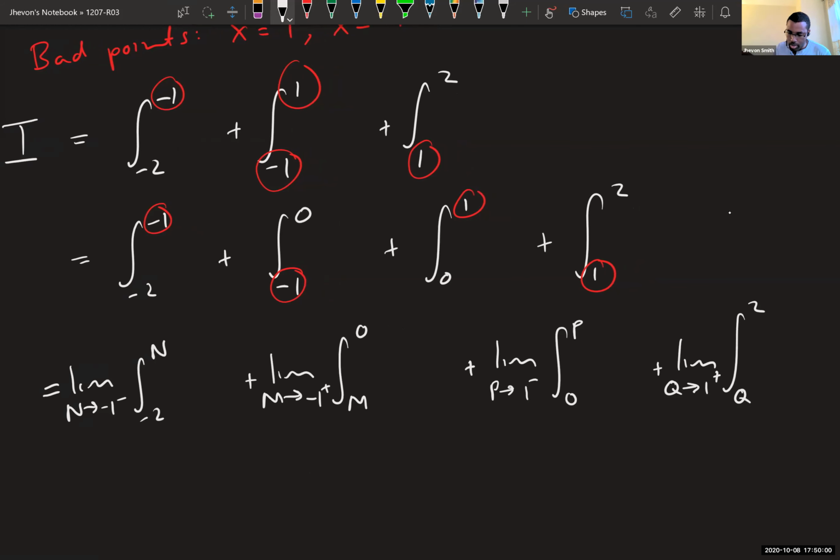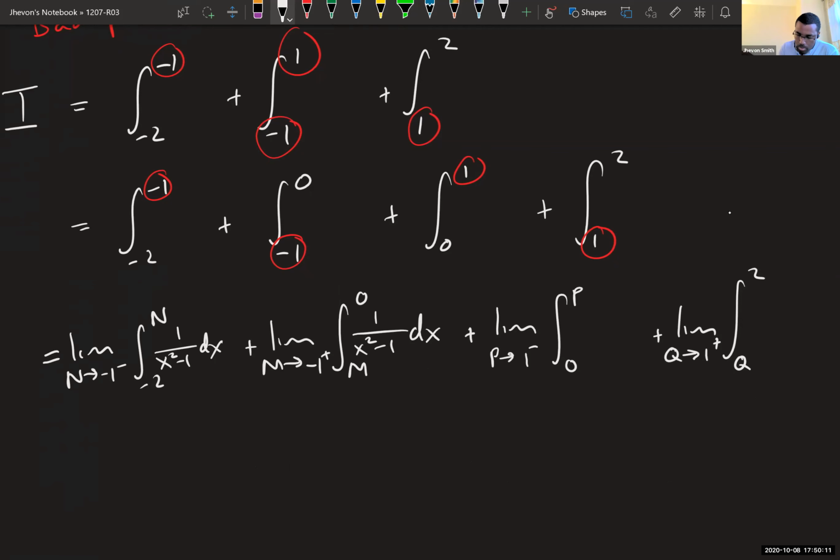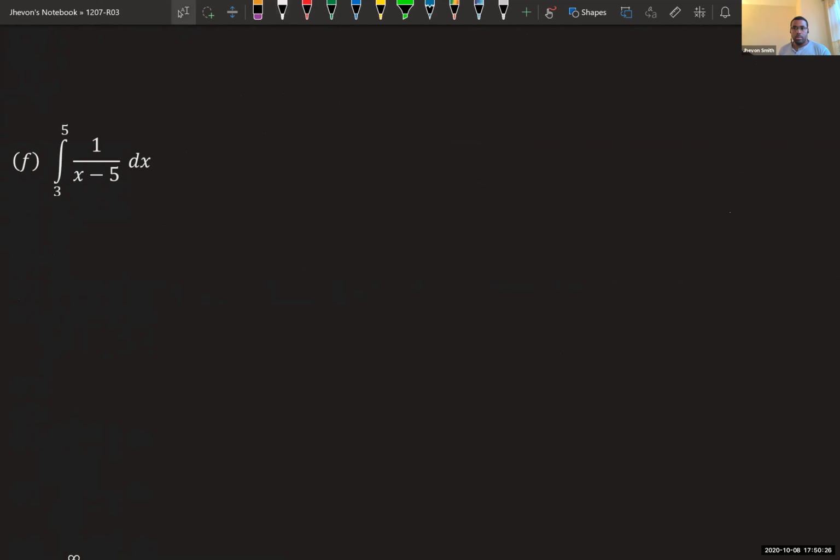And at this point, our integral is 1 over x squared minus 1. Right. This one.